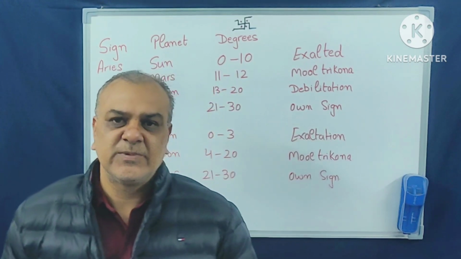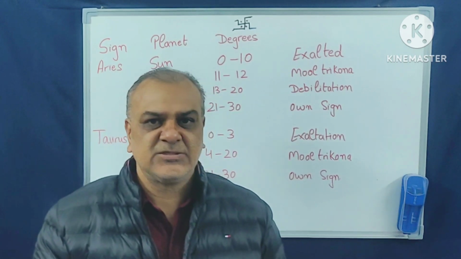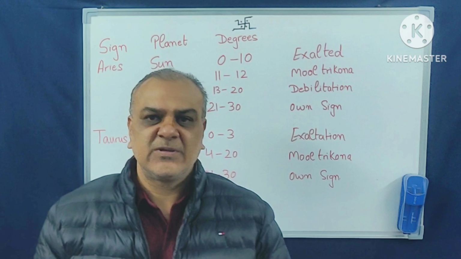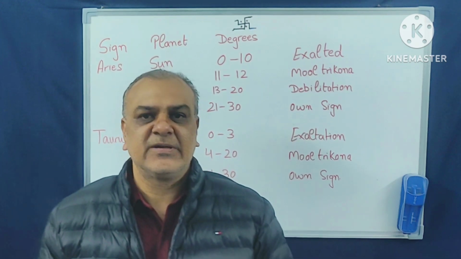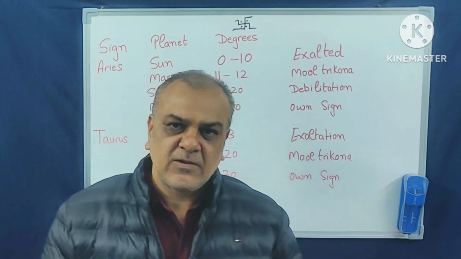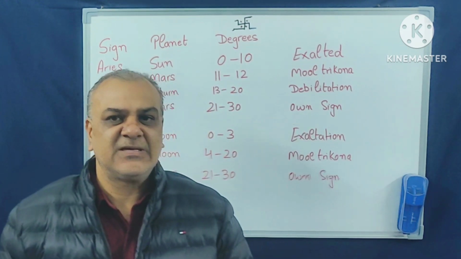So I request all my students to please pay attention. Do not make any notes first. Just understand the concept, because the concept is very important and this will definitely help you in a lot of predictions when you see a chart.